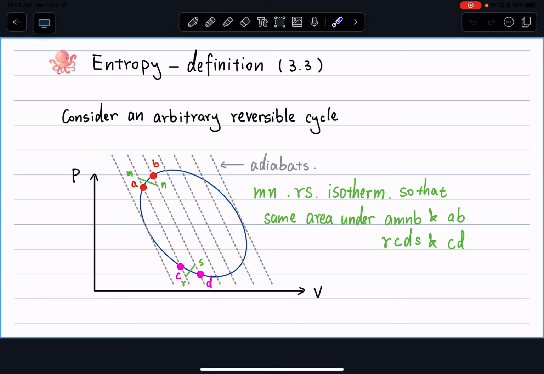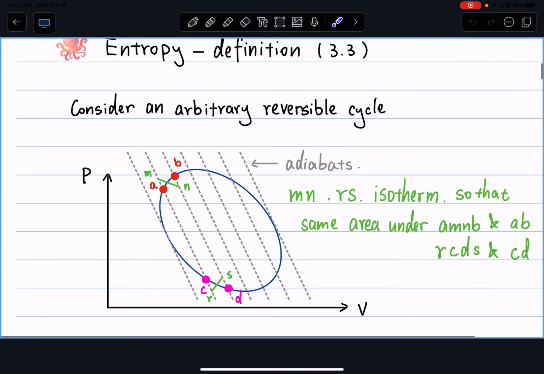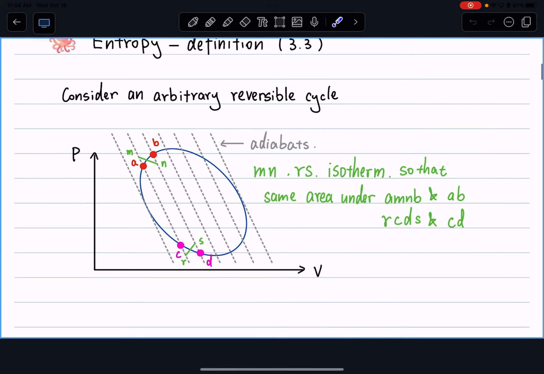In this diagram, you can also imagine the area under A M and B is the same as the area under AB when it is infinitesimally small. So right now, M and N are isotherms with each other, with the same temperature, and R and S are isotherms with each other, with the same temperature.